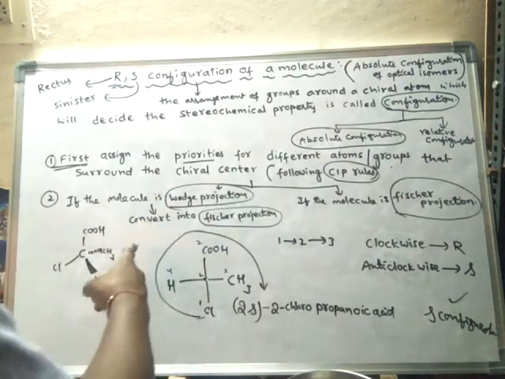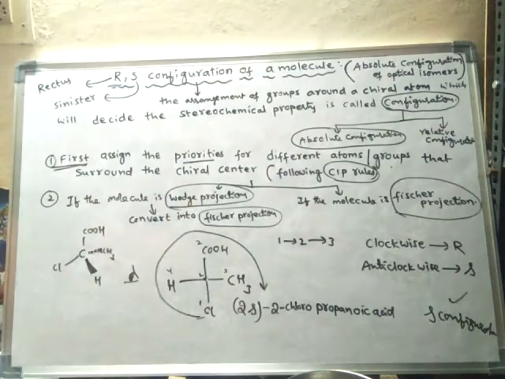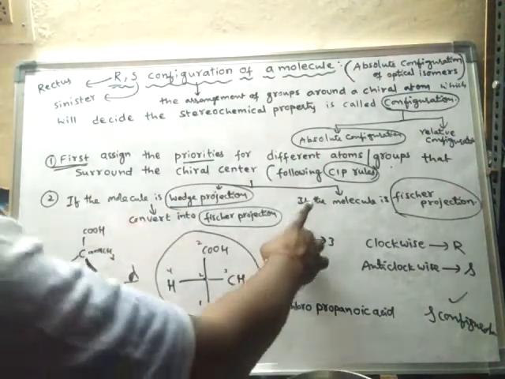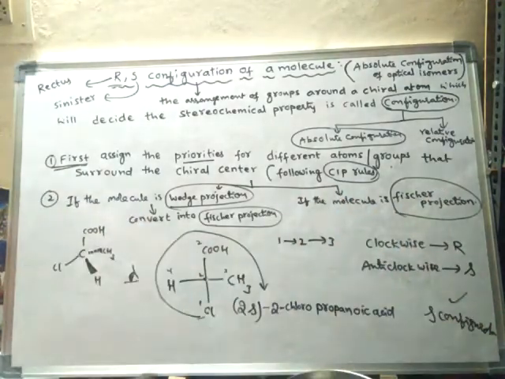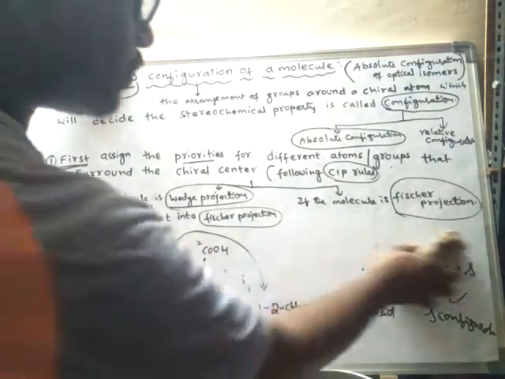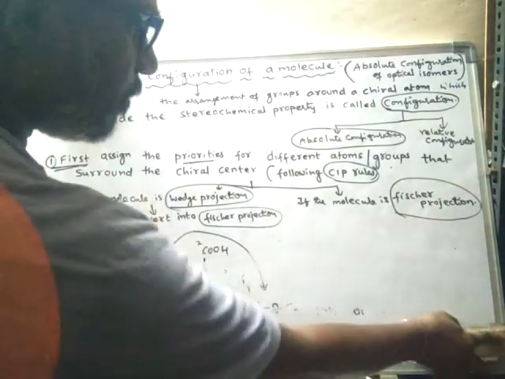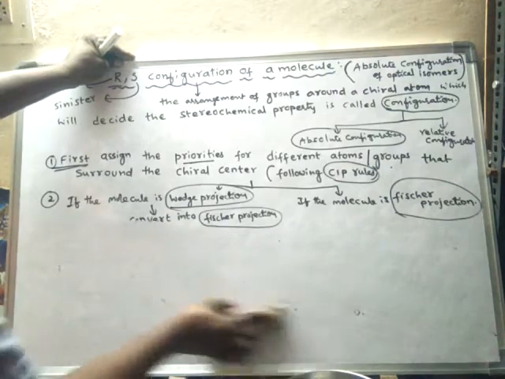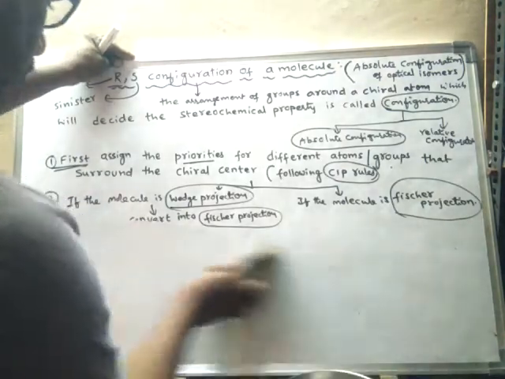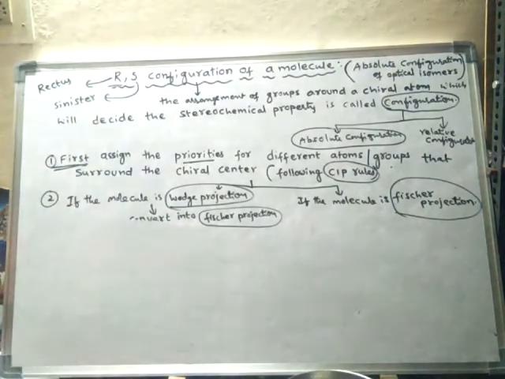Suppose here the molecule is a wedge projection. So we have seen this one. Now if the molecule is having Fischer projection directly, then what do we have to do?